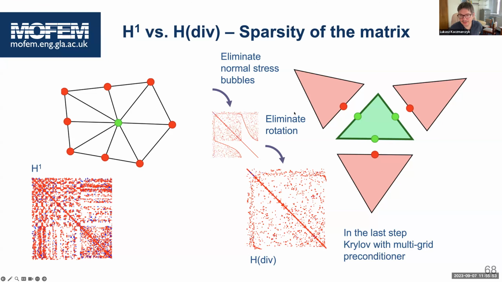On the other hand, when I have my field approximated in H-div space, in 2D, I can have only 3 neighbors through the faces, or in 3D, for tetrahedron, I can have only 4 neighbors through the faces. So the structure of my matrix can a priori fix the number of non-zero elements per row.